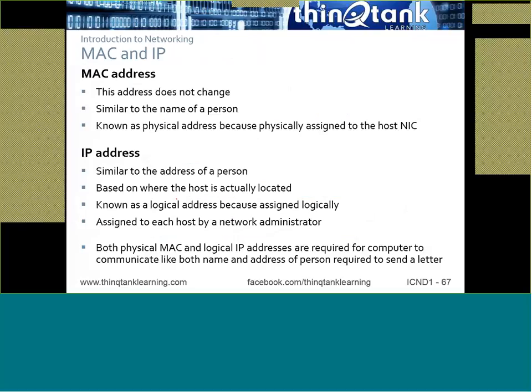Now, in order for computers to communicate, both addresses need to be known. Even if the destination is not in the same subnet, MAC address plays a role. All right?